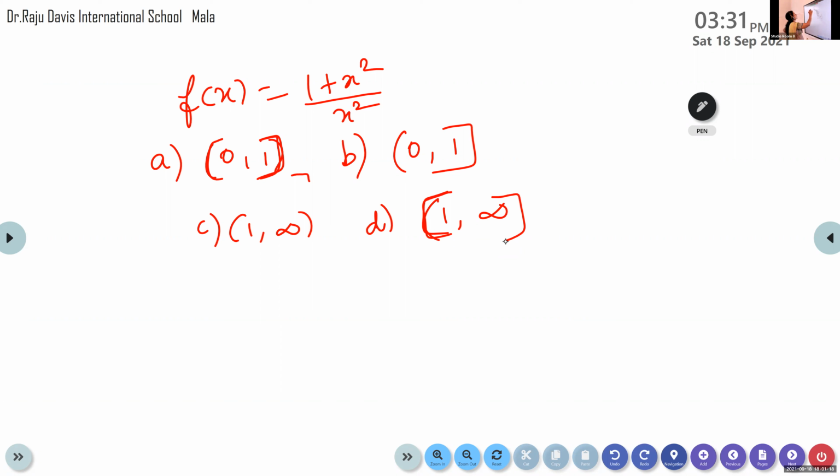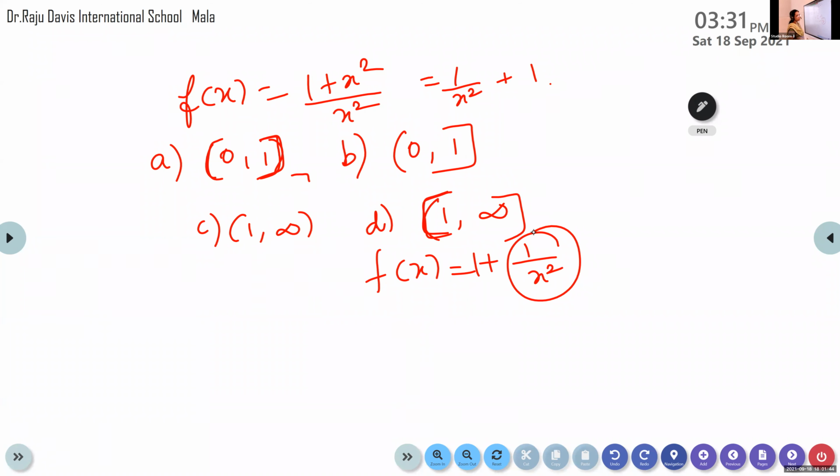Look at the numerator. You know how you can split this? It is 1 by x square plus 1, is it like this or not? So it is always greater than 1. F of x is 1 plus 1 by x square, and 1 by x square will always be positive. It will never become negative.